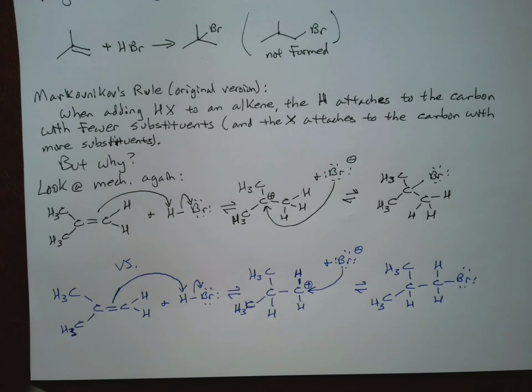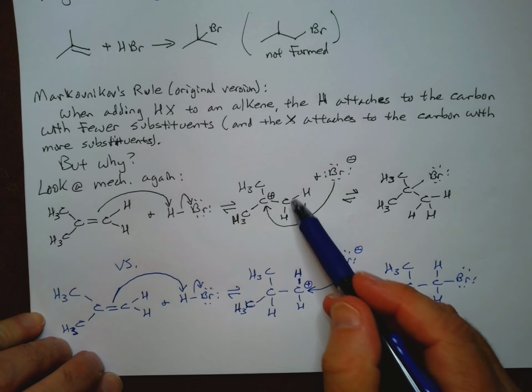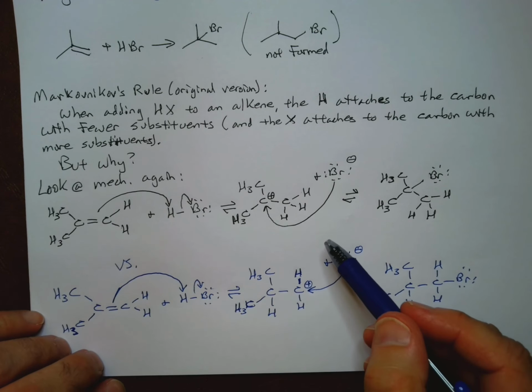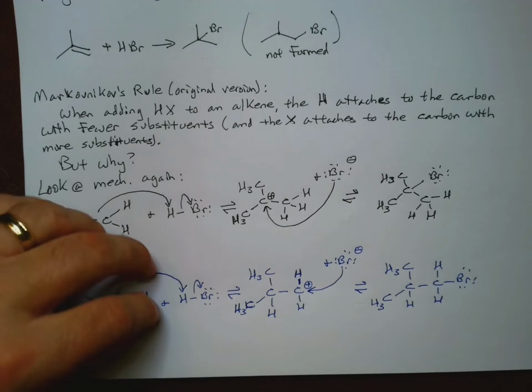So the question is, why don't we see this? Well, the answer lies in the actual mechanisms and the reaction pathways. What we see is that the more stable carbocation is the one that forms. Let's take a look at this.